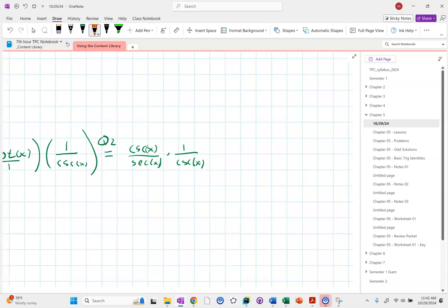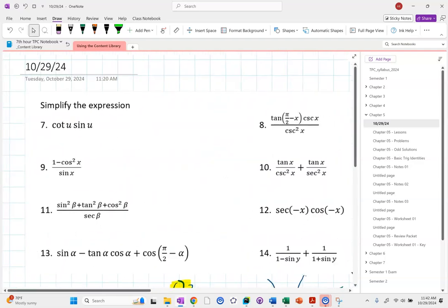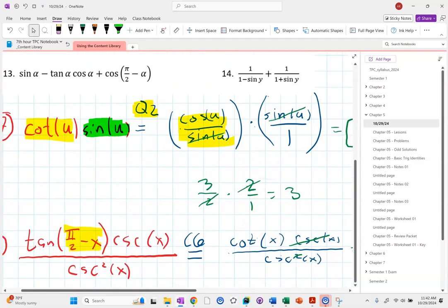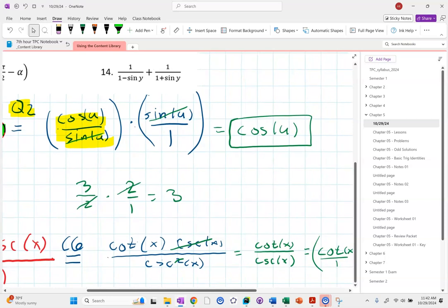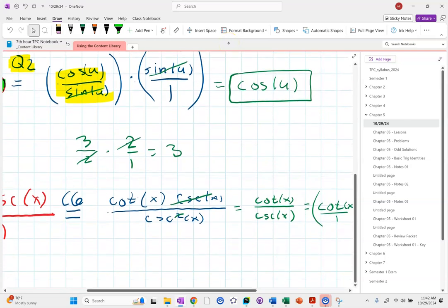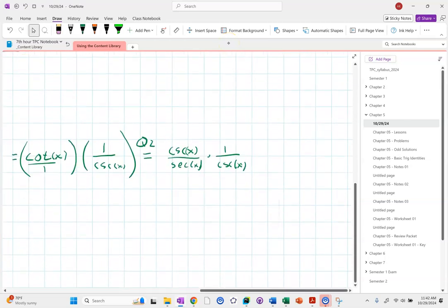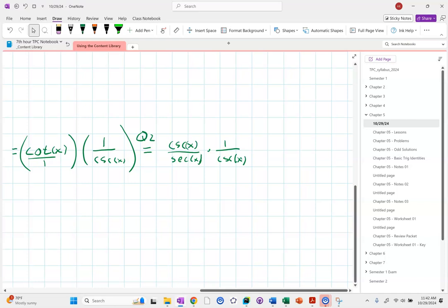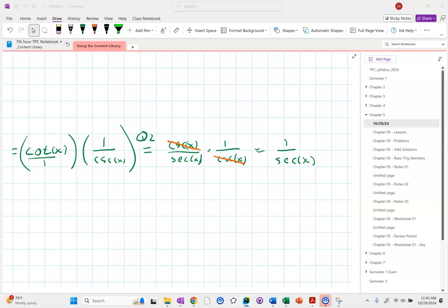So let me just go back here for a second. This looks very much like what we had right here, right? Reduce. Yeah, what can we reduce? Cosecants. Good. And what do we have left? 1 over secant x. Excellent.